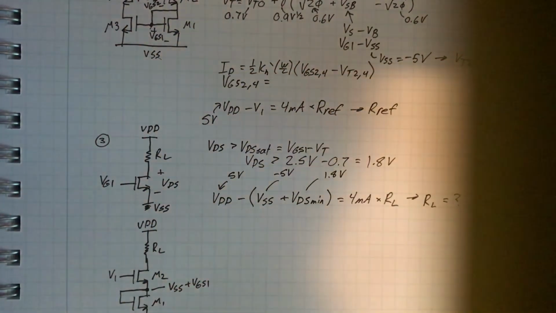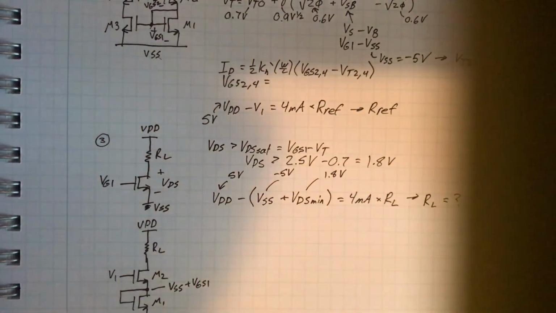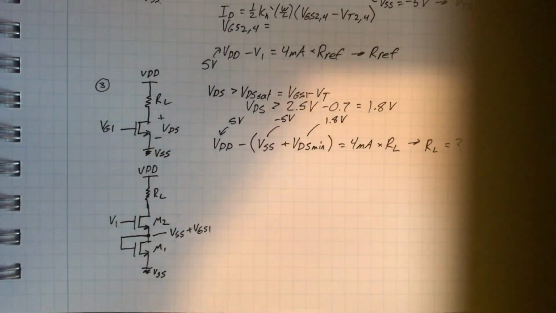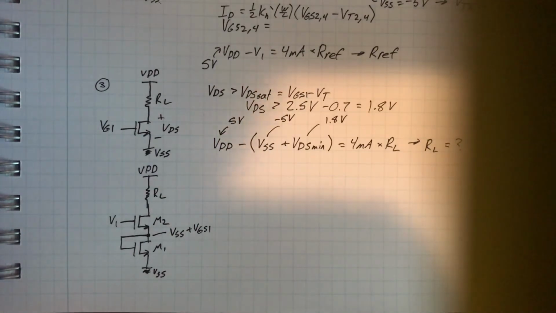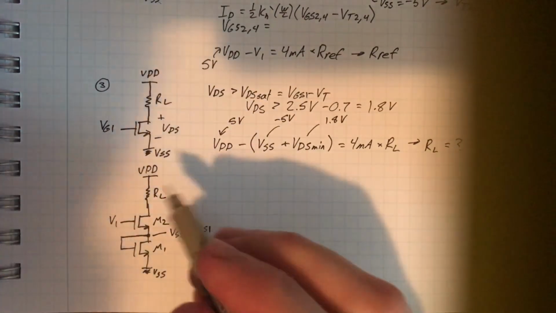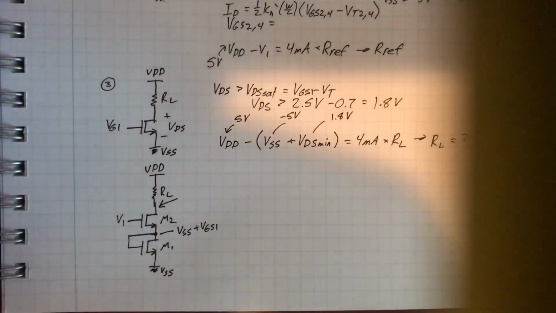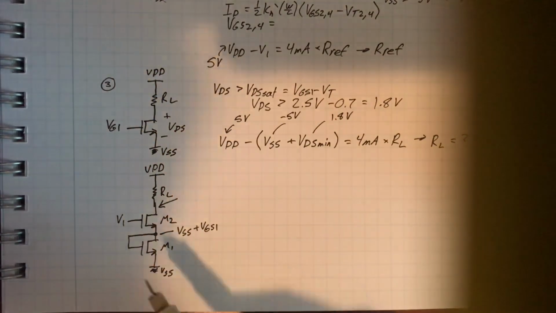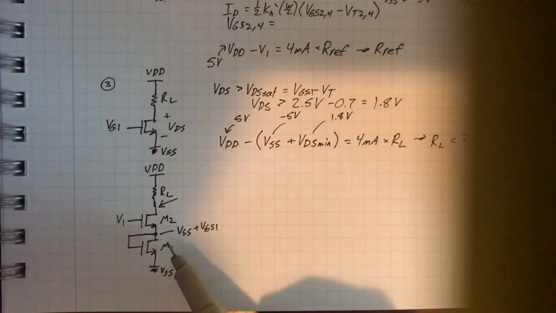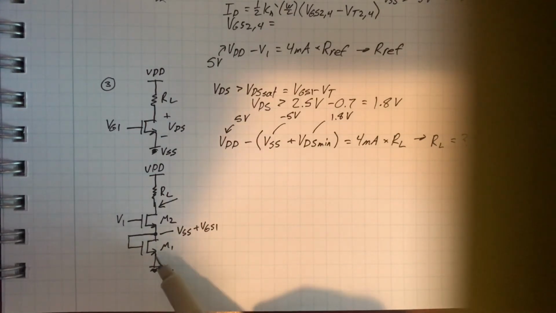So let me check the notebook. Okay, so similar process here. We need to figure out what the minimum voltage can be at this node before we go into triode somewhere below it. Again, this guy's diode connected, so he's sitting at VGS1 across its terminals.